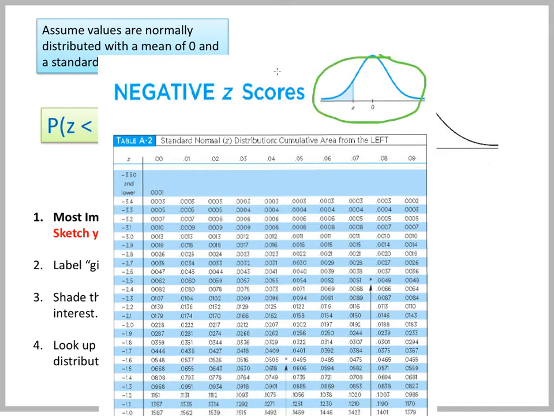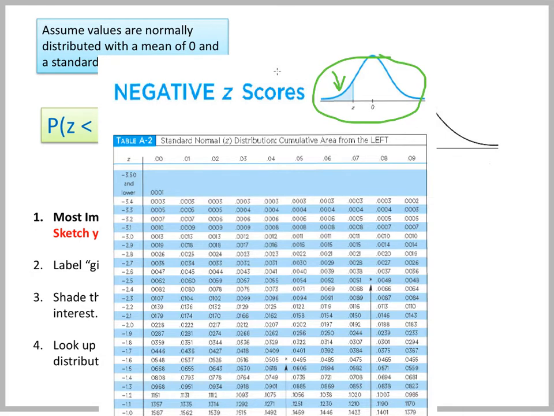That's telling us that the values in the middle of the table are giving us the area in this blue part that's shaded. So any z that we find up to the value of 0 is going to be that cumulative area up to that z. So we're interested in negative 2.04, up to that point.